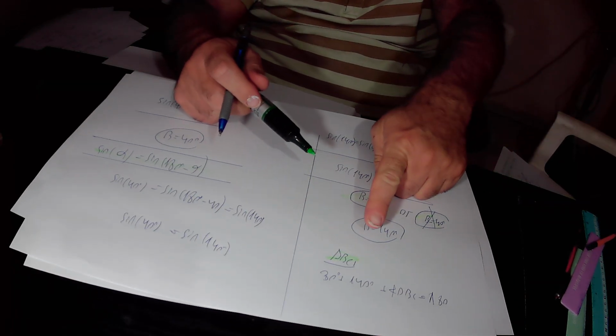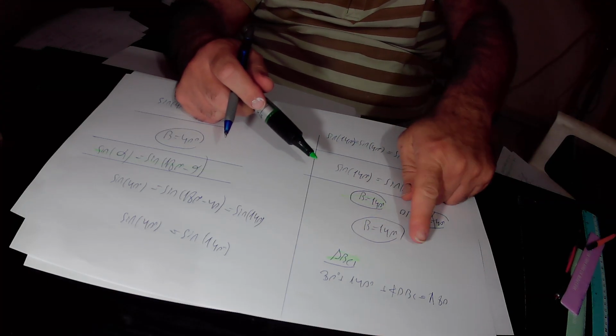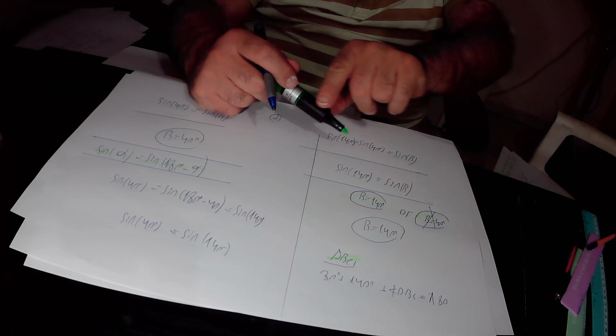That is to say, 30 degrees plus 140 degrees plus the angle DBC in total must be equal to 180 degrees.